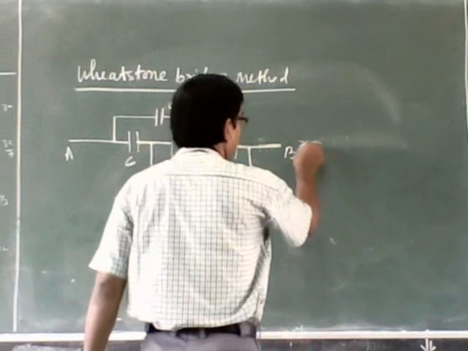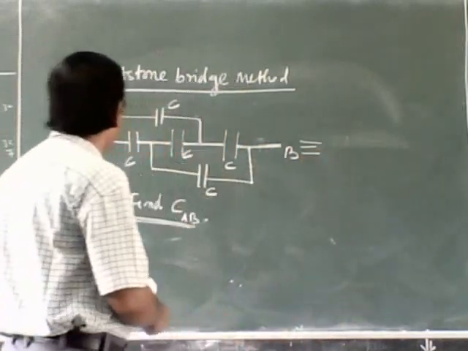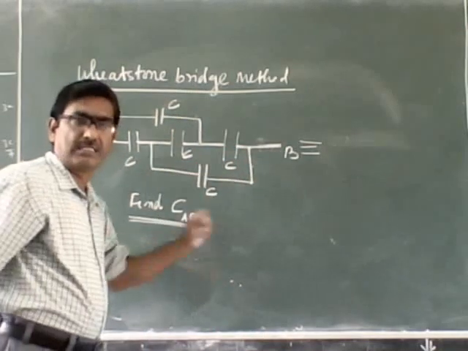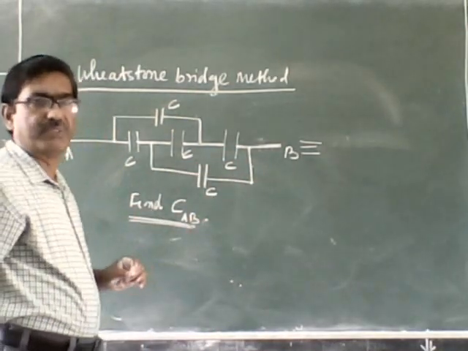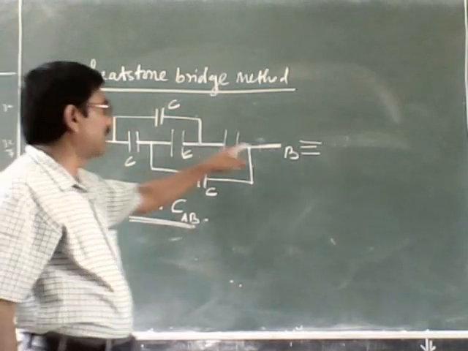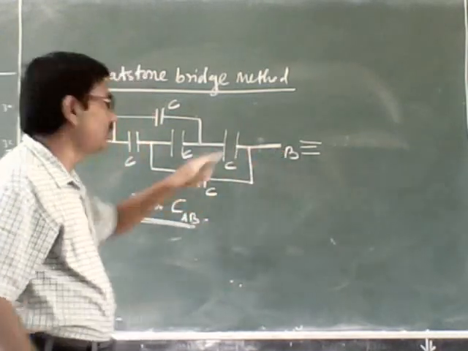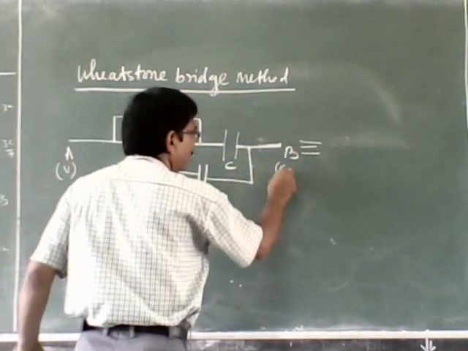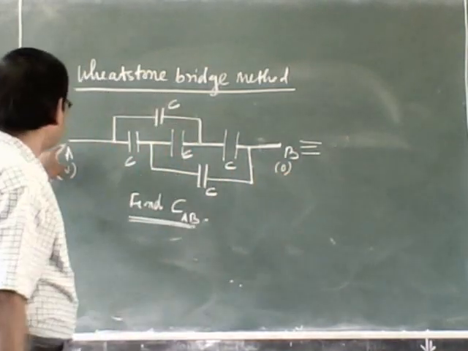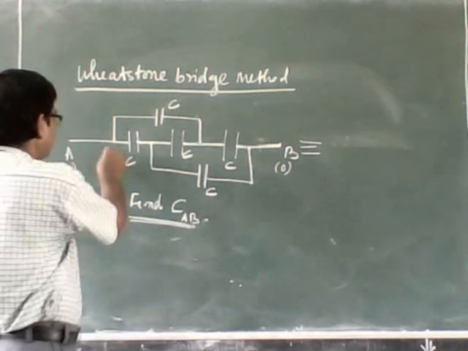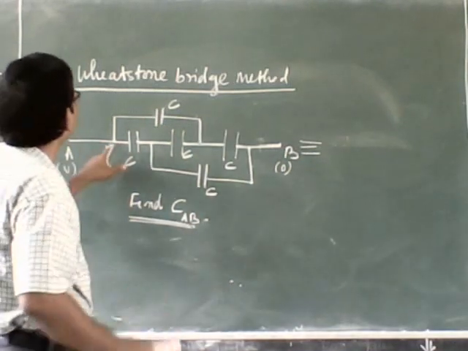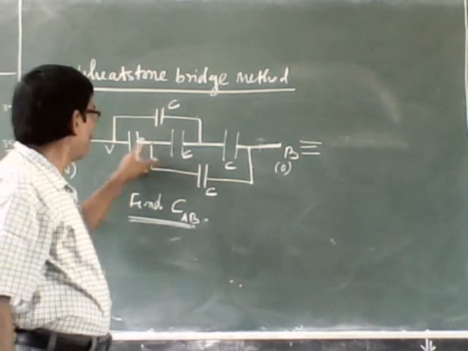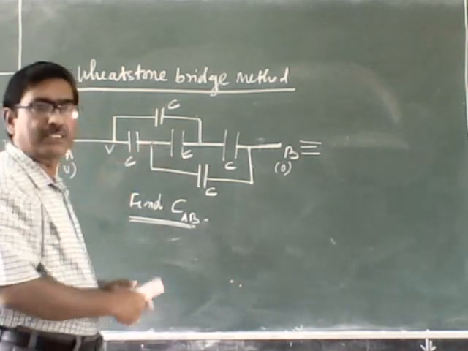Here also you have to draw the equivalent circuit diagram. So how to draw the equivalent circuit? First you consider that this is connected with an imaginary cell with potential difference V, with a positive potential and a negative, zero potential. So its potential is V and its potential is 0. Here the potential is V, and here also V. At this point you cannot write the potential is V because in between one capacitor is there.